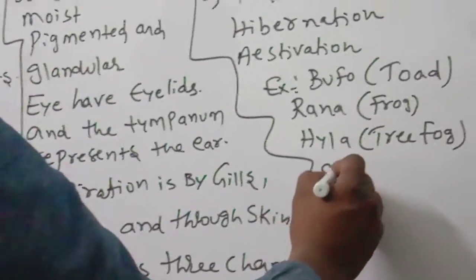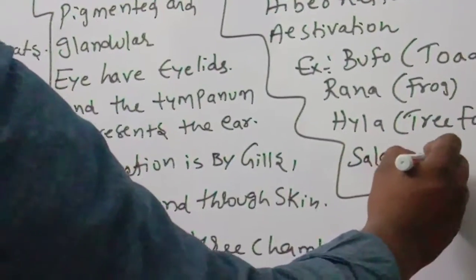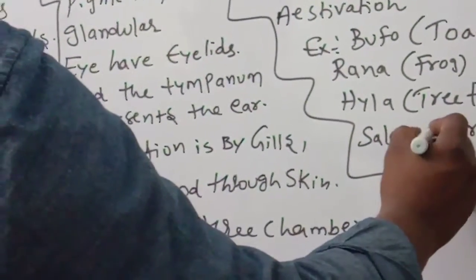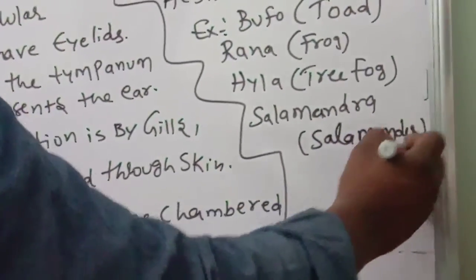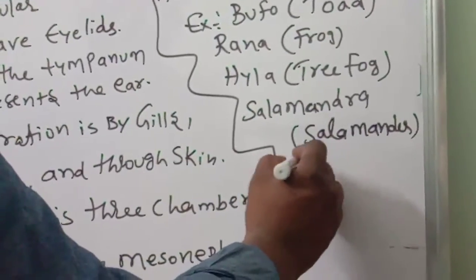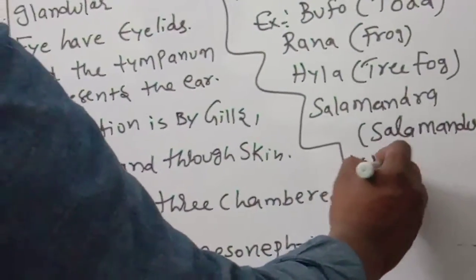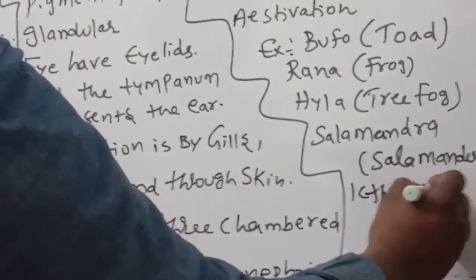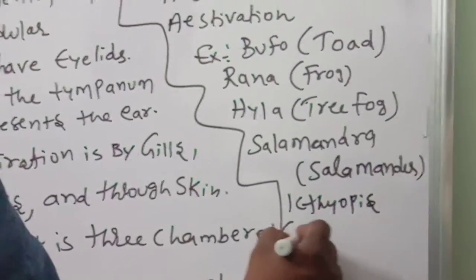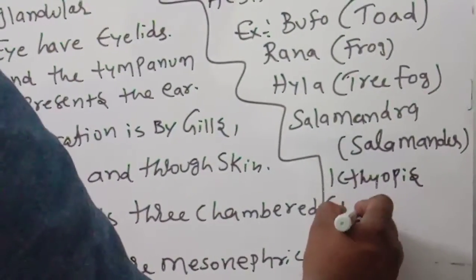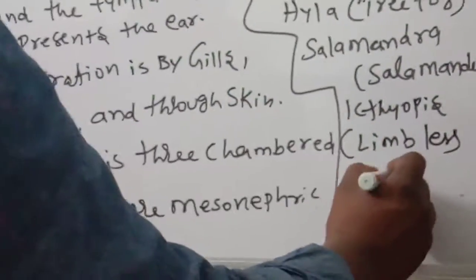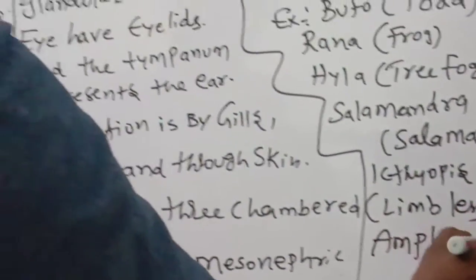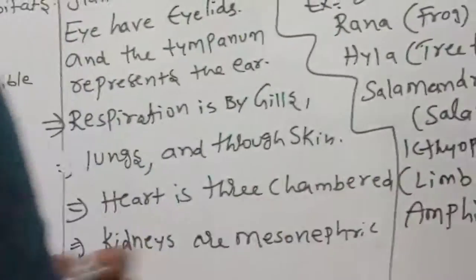And Salamandra, the salamander. Another important one, Ichthyophis. Ichthyophis means limbless amphibians. Okay, children, observe very carefully.